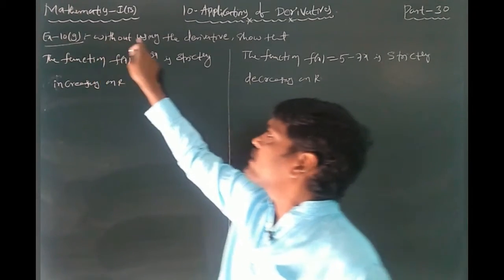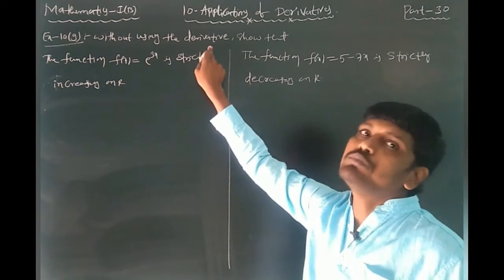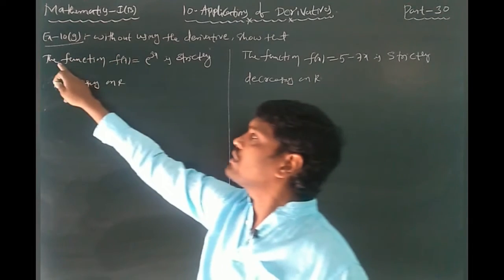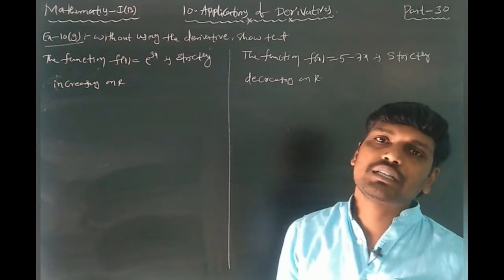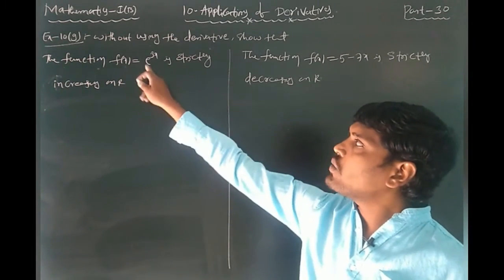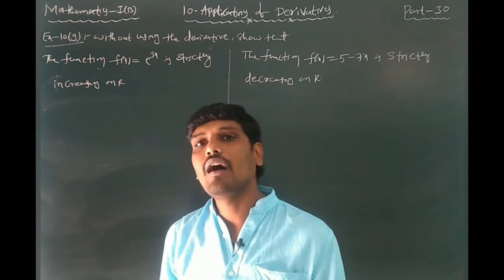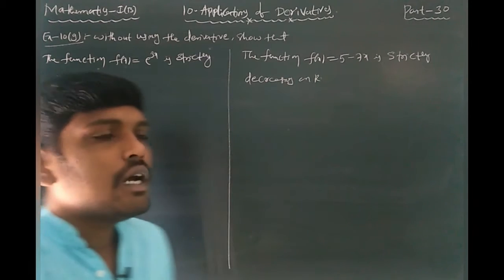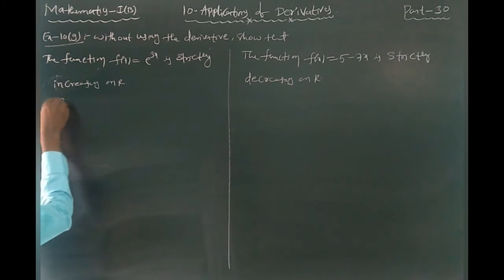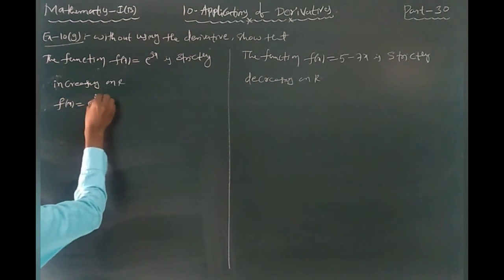First one: without using the derivative, show that the function f of x is equal to e^(3x) is strictly increasing on capital R. Here what is the given function, students? f of x equals e^(3x) is given.